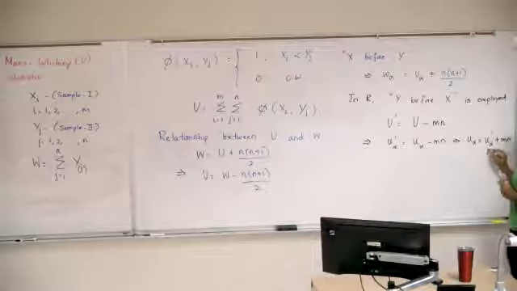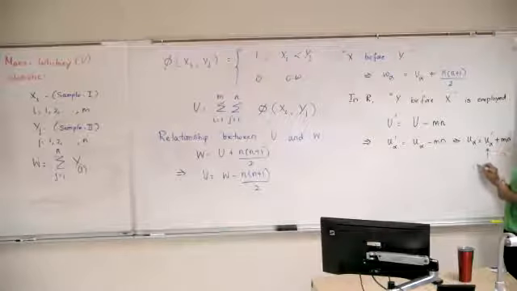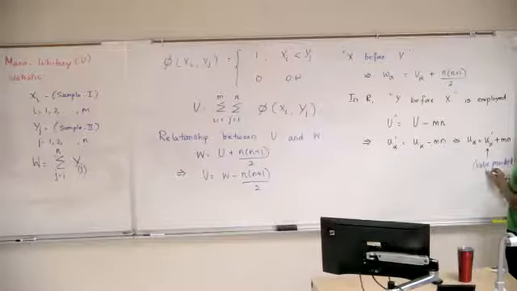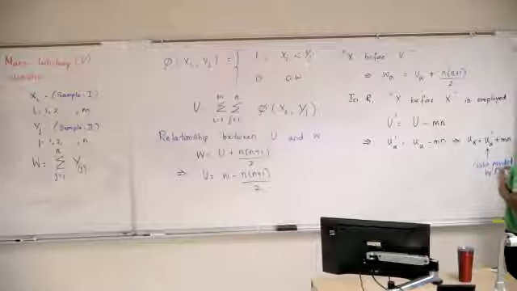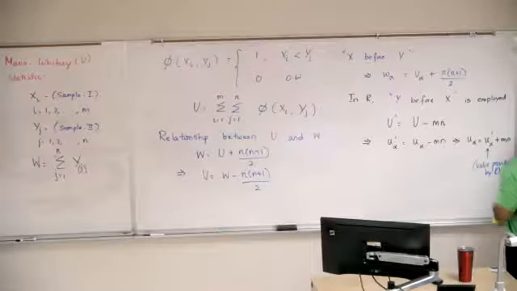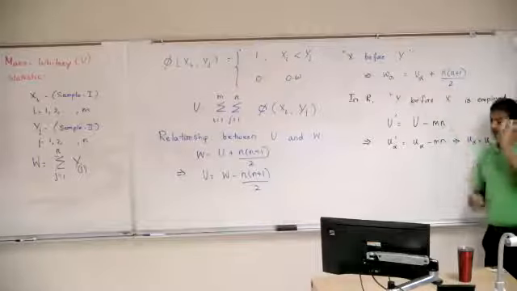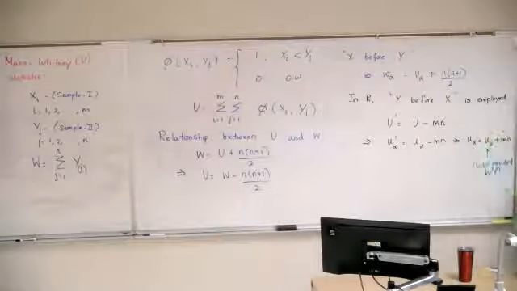That would be the value provided by R. We have to take that value, add m times n, and put it back in there to find the critical value for W. Does that make sense?